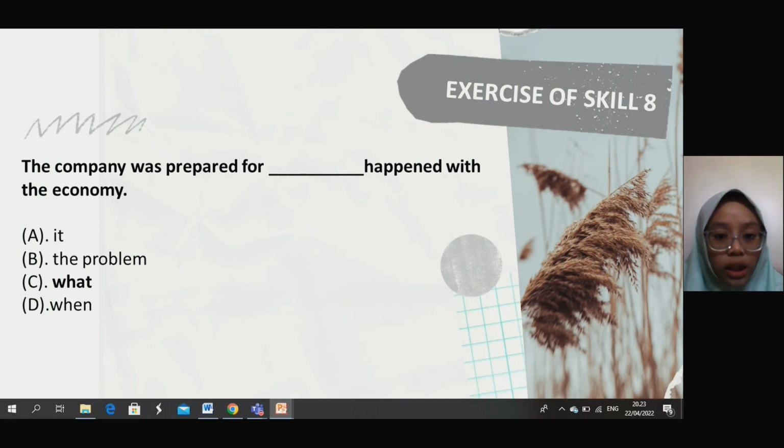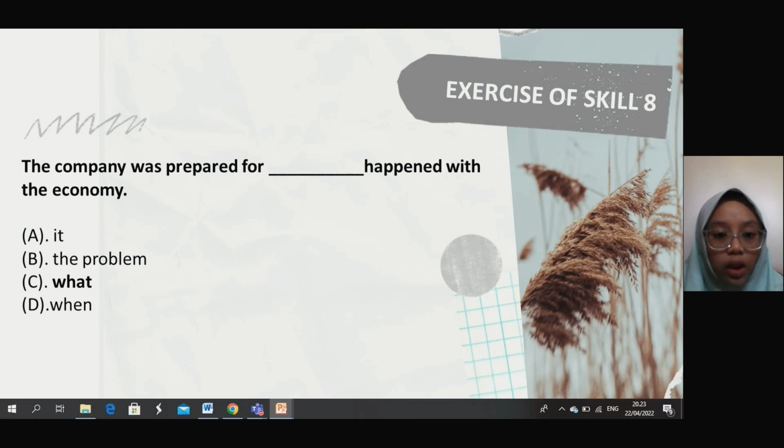Because in the question it is clear that there are two verbs and we need a connector that will act for the connector itself and the subject. The answer is C.